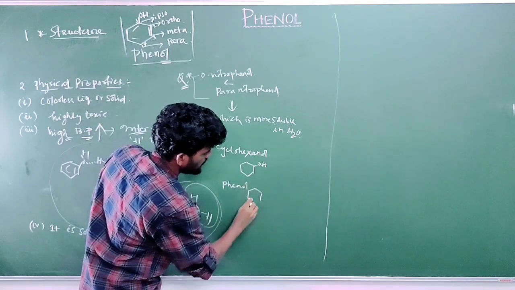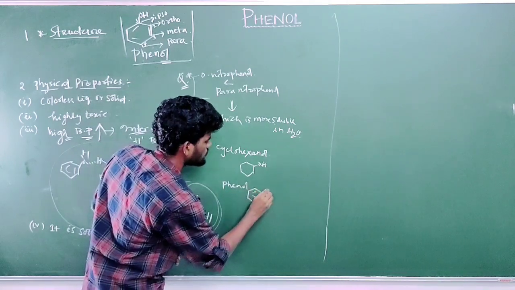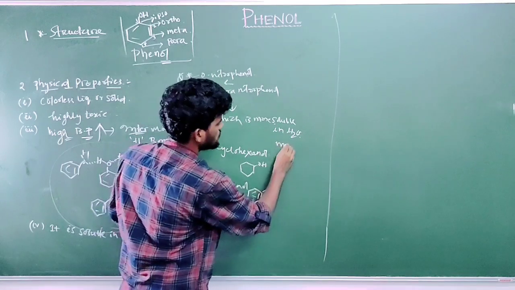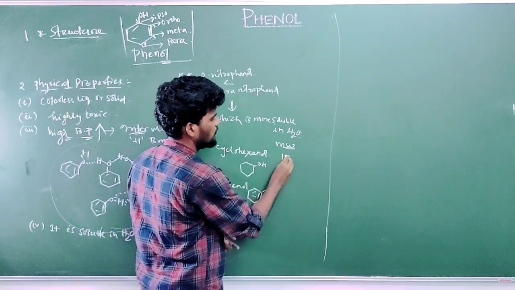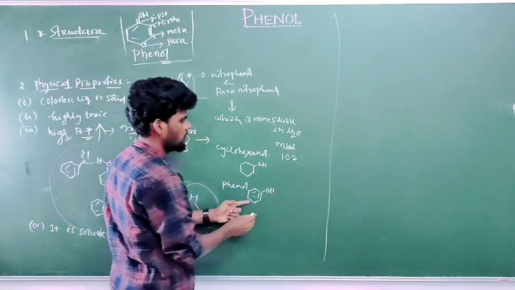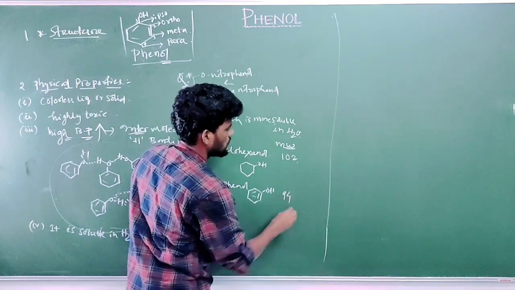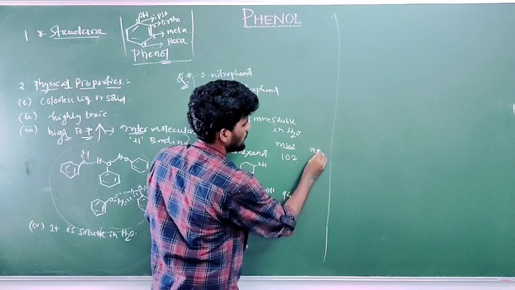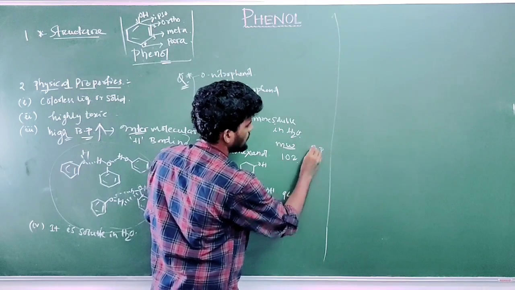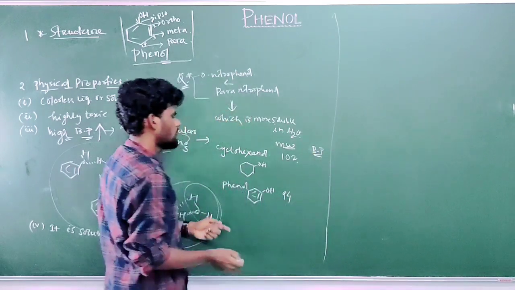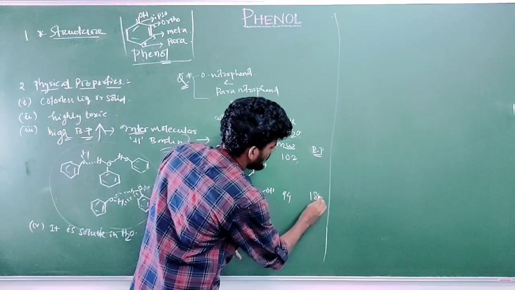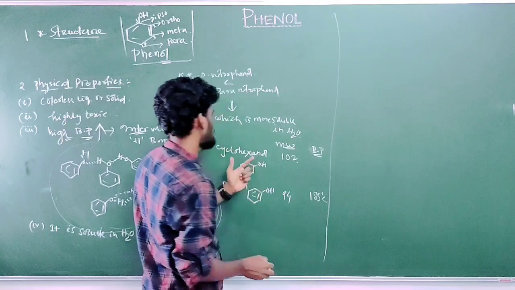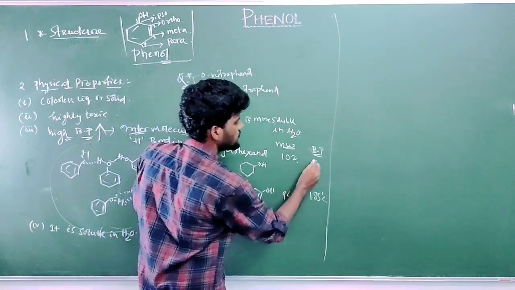Cyclohexanol's molecular weight is 102 and phenol's is 94. But if you compare the boiling points, phenol's boiling point is 185 degrees Celsius, whereas the boiling point of cyclohexanol is what?